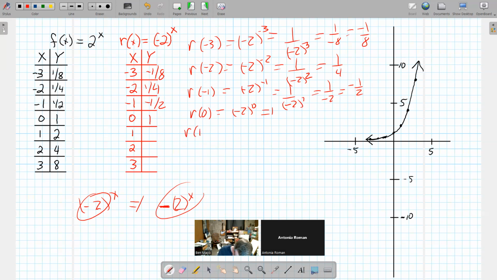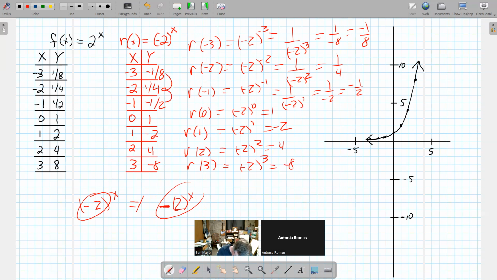If x is 1, R of 1 is negative 2 to the 1 power, which is negative 2. If x is 2, R of 2 is negative 2 to the 2 power, which is 4. And if x is 3, R of 3 is negative 2 to the 3 power, which is negative 8.